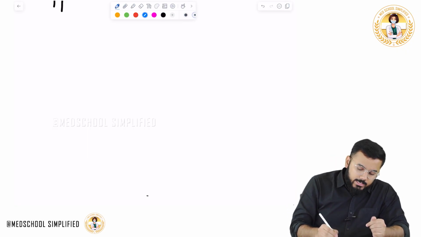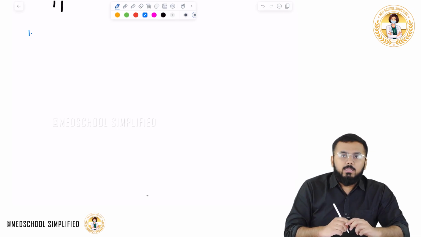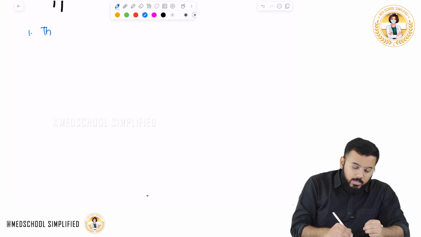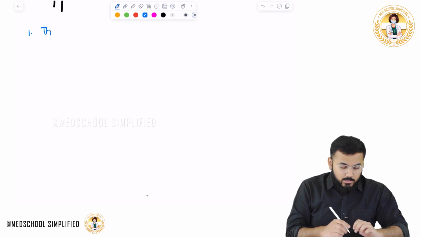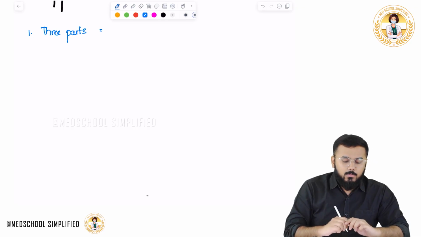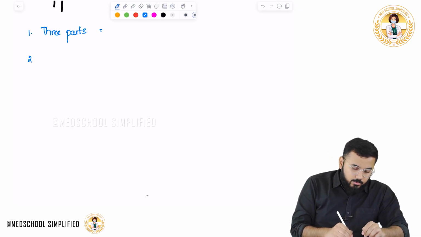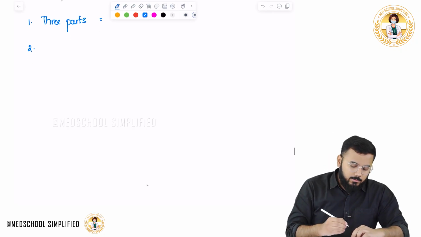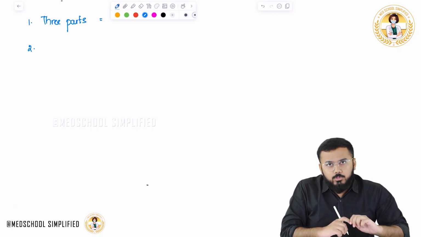Okay. So, let us again start discussing. The first important thing is, what are the 3 parts of the cerebellum? I am not talking about what are the cerebellar hemispheres. I am just asking what are the 3 parts of the cerebellum. Second question for you is, what are the 3 anatomical lobes of the cerebellum? We have discussed different kinds of lobes, you remember?